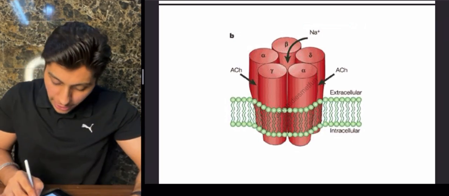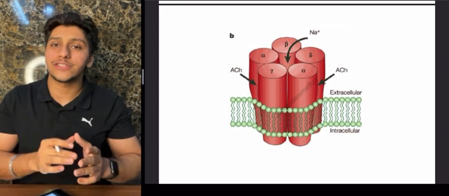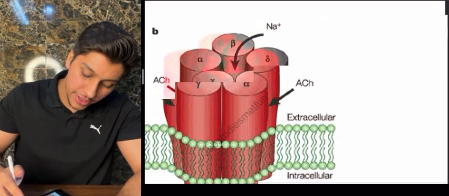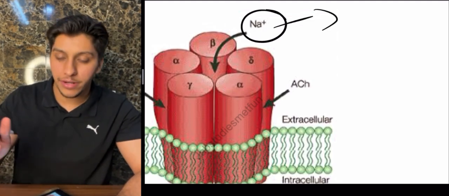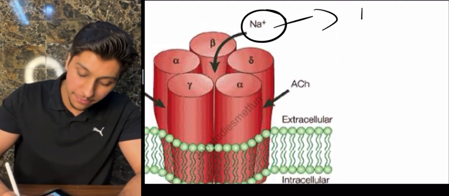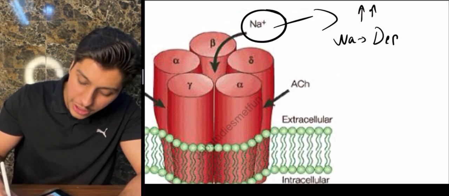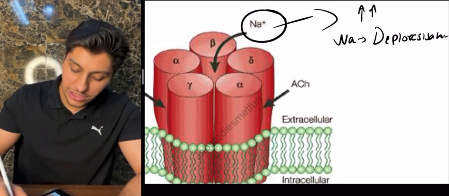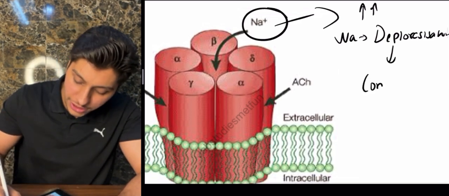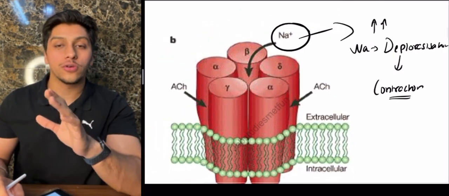At these 2 alphas, your acetylcholine is going to bind. Once it binds, sodium gets released from the postsynaptic membrane in a high number. And you all know sodium is responsible for depolarization. So whenever there is depolarization, what will happen? There will be contraction.